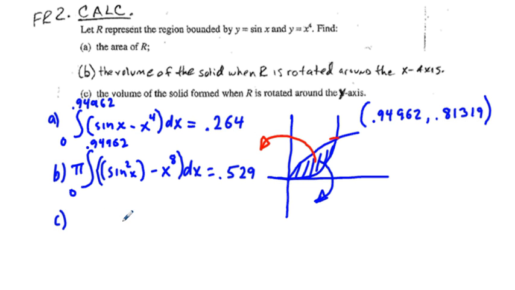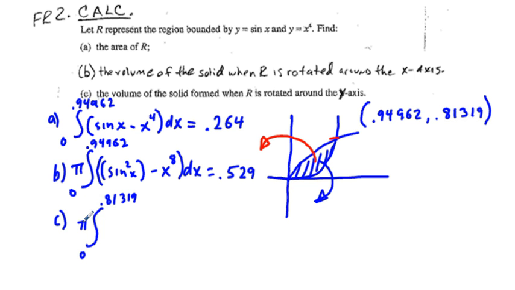That's going to change our limits of integration. It's going to be pi again, but instead of going from 0 to 0.94962, we're going to go up the y direction to 0.81319.